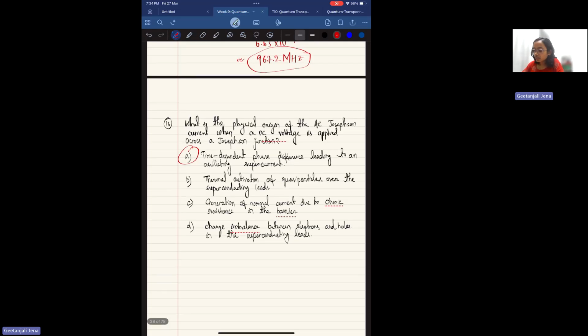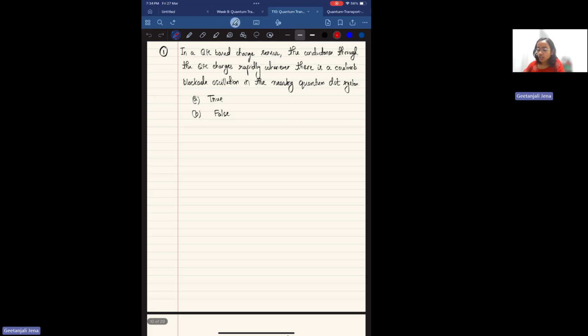Okay, so this is all about the problems related to week 9. Let us start solving the problems related to week 10, which is based on the QPC, or the QPC-based charge sensor.